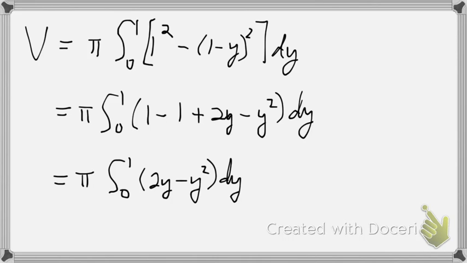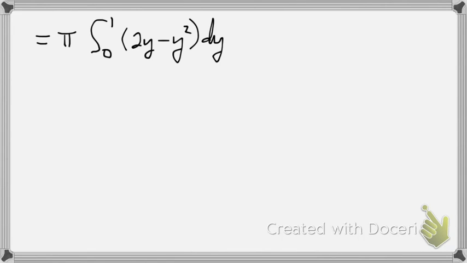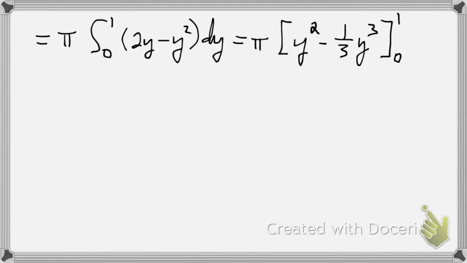So we've got pi times integral 0 to 1 of 2y minus y squared dy. Let's integrate this. So that's a pi and then antiderivative: y squared, right? Minus 1/3 y cubed, or y cubed over 3, which is the same thing.